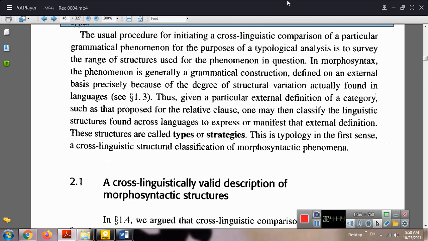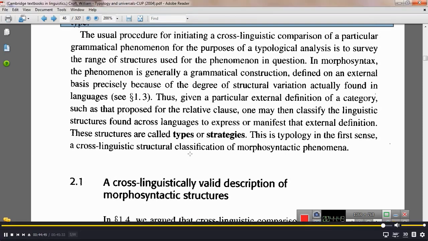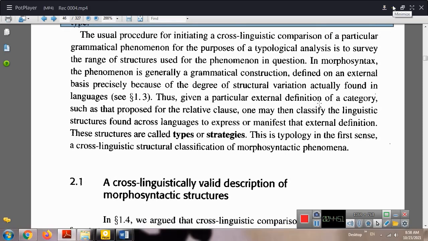You should know that. I told you that both these terms are important. Given a particular external definition of a category, such as that proposed for the relative clause, one may then classify the linguistic structures found across languages to express or manifest that external definition.